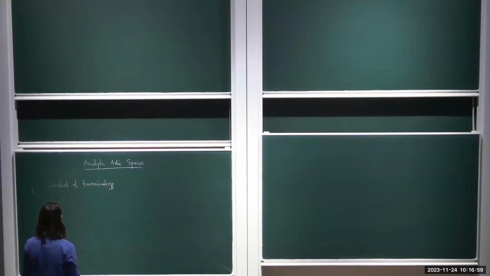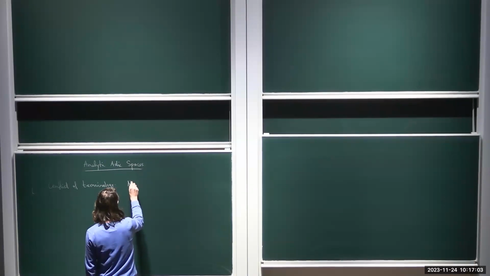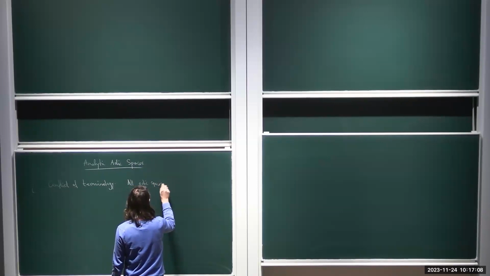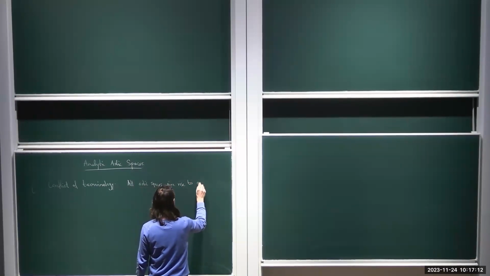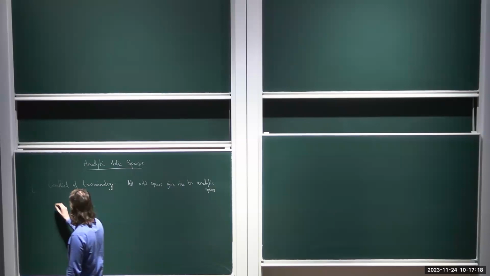So basically, using what we've said so far, all adic spaces give rise to analytic spaces in our sense, and spaces of state or whatever they will be in our sense.